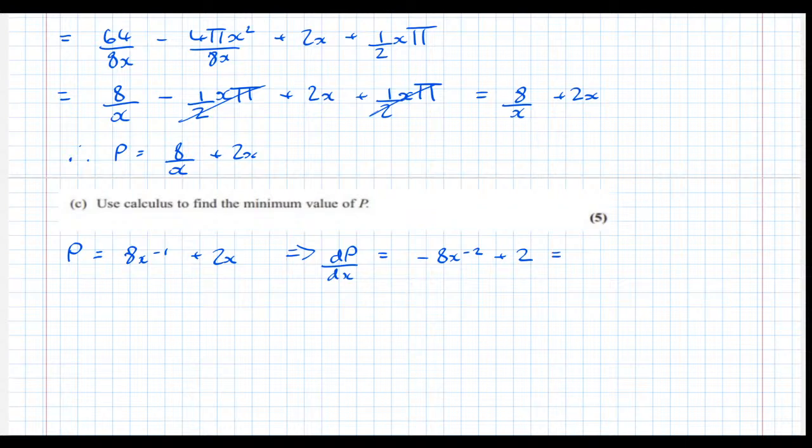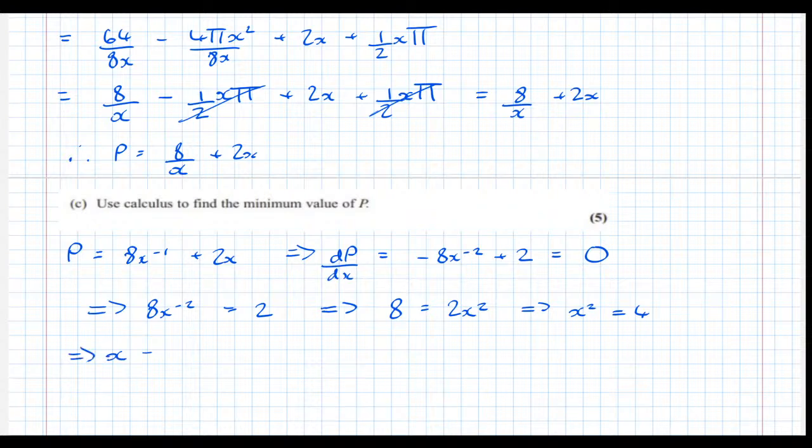which at a stationary point it has gradient function equal to 0. So we're finding where the gradient function is equal to 0 to find the location of the stationary point. That means that 8x to the power of minus 2 equals 2, timesing both sides by x squared, I get 8 equals 2x squared, which means that x squared equals 4.